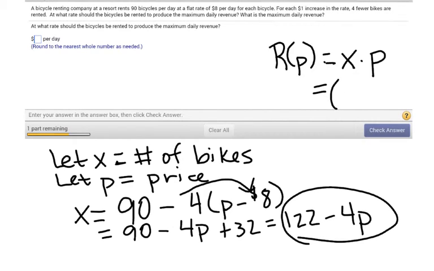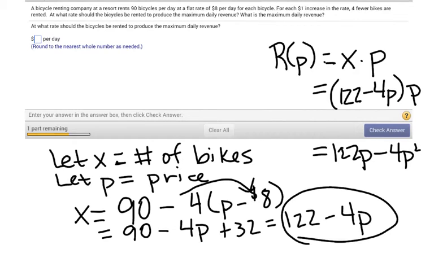So that is equal to 122 minus 4p, and we're multiplying that by the price. When we do that, we'll go ahead and distribute the p. So we have 122p, sorry, my writing doesn't look great, 122p, because we multiply that by the p, minus 4p squared.